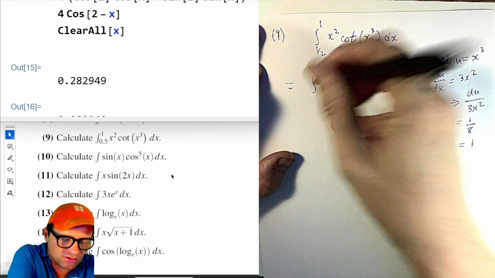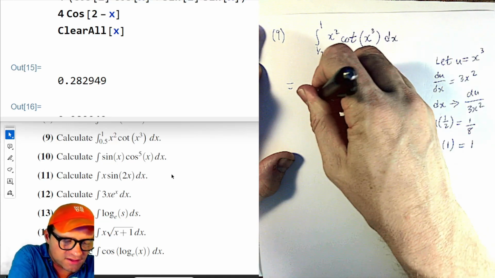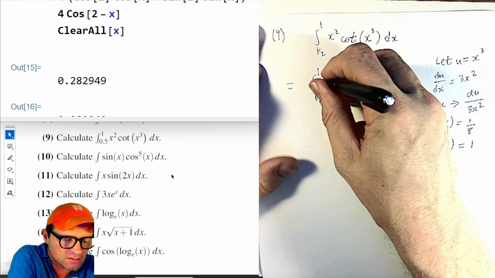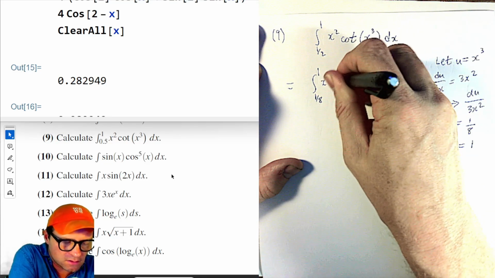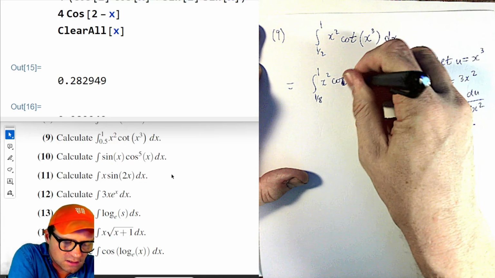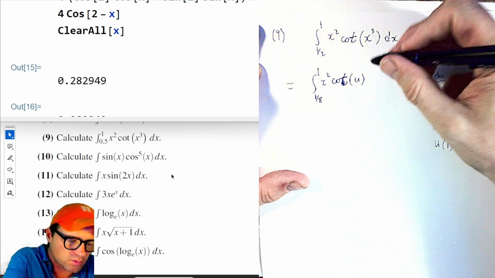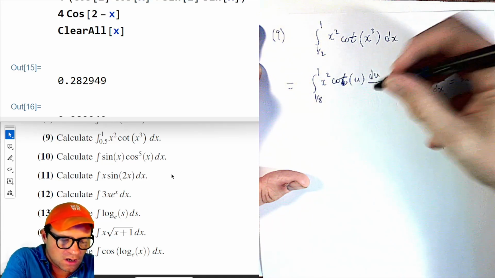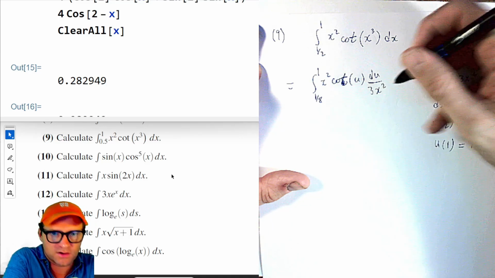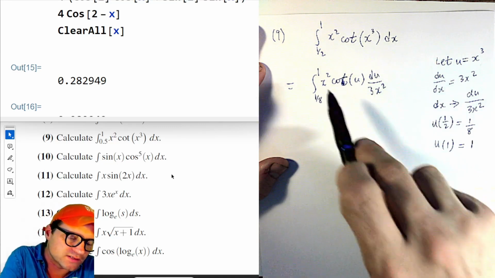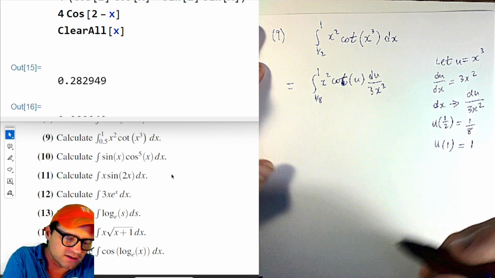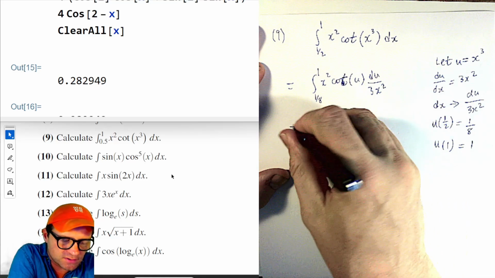And so our integral is the integral from 1/8 to 1 of x squared cot of u, and then we have du over 3x squared. Great, so now we can cancel the x squared in numerator and denominator, bring out the 1/3.